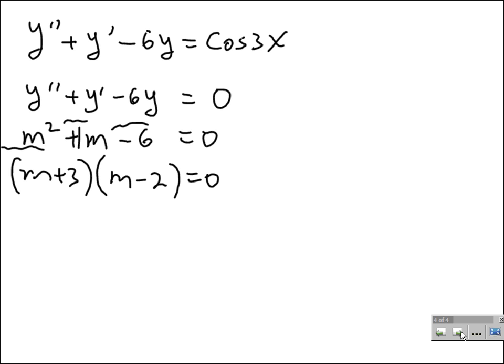So this should be 0. And either m plus 3 is 0 or m minus 2 is 0. Otherwise, that product couldn't possibly be 0. And it's wonderful when you're multiplying.